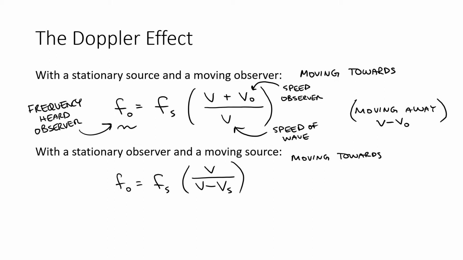So now V sub s, that's the velocity that the source is moving. How fast is that train going? How fast is it approaching you? So it's moving towards you in this version. If it's moving away, then the thing you're going to change is instead it's just going to be V plus Vs on the bottom. And V, that's the speed of the wave.